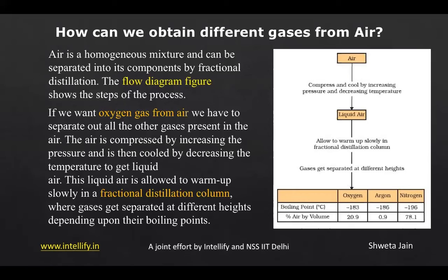Air is compressed and then cooled by increasing the pressure and decreasing the temperature. Then it becomes liquid air. This liquid air is allowed to warm up in the fractional distillation column, and then the gases get separated at different heights depending on their boiling points.